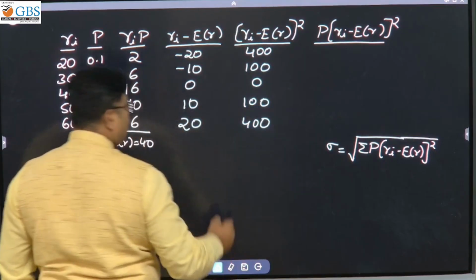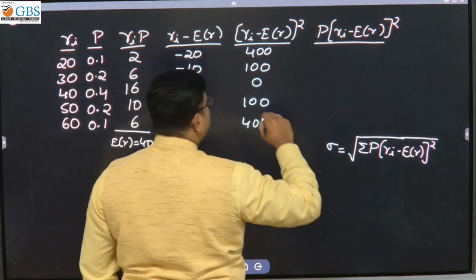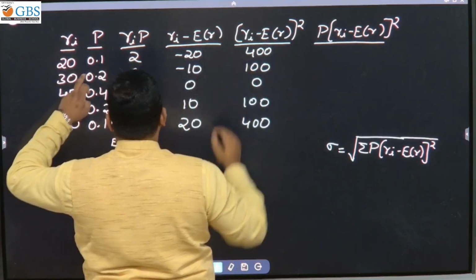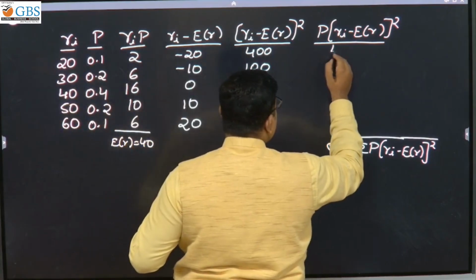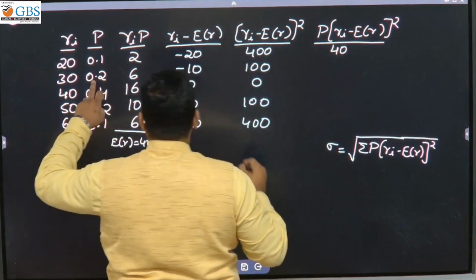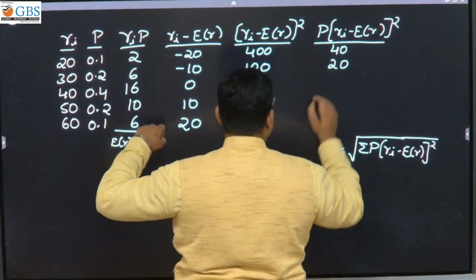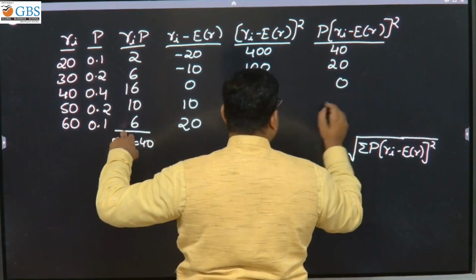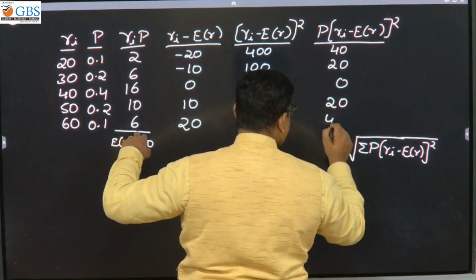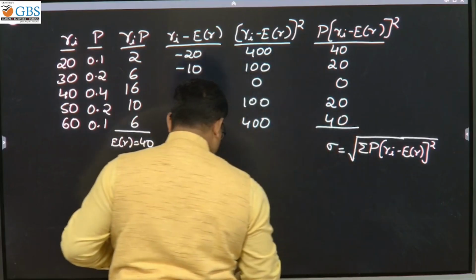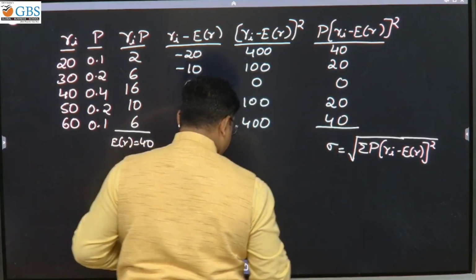That is okay. Then probability into this: 0.1 times 400 is 40, next 20, next 0, next 20, then 40. Total.